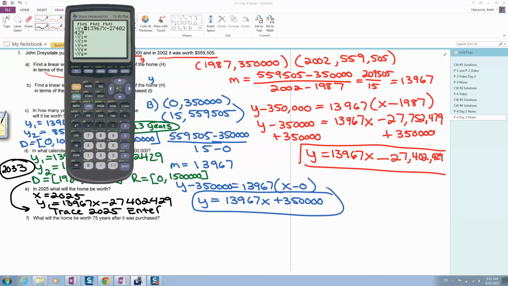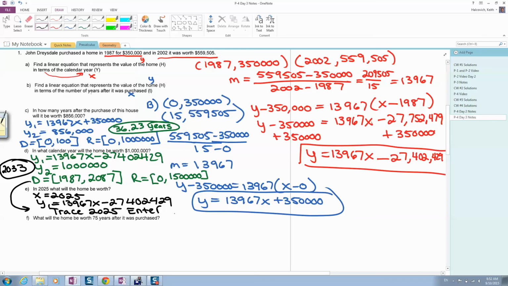So then we graph it, and then we go trace, and then 2025, and hit enter, and that tells us in the year 2025 it is worth $880,746. That's what it's worth in the year 2025.